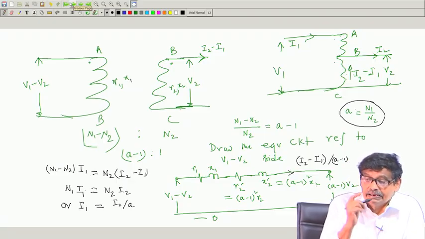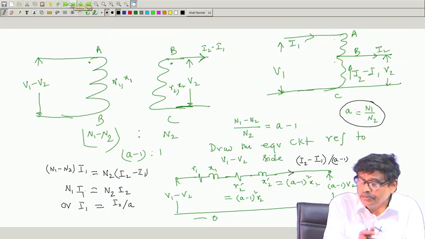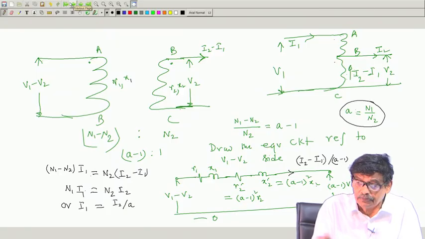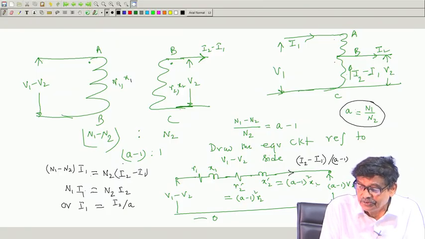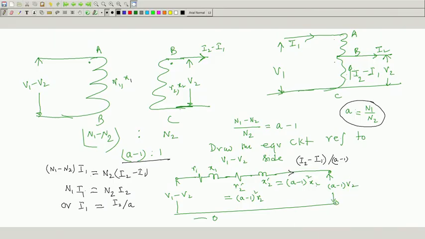As if across AB, V1 minus V2 is applied, but only thing is its turns ratio is this, therefore it is to be multiplied, this voltage will come like that.